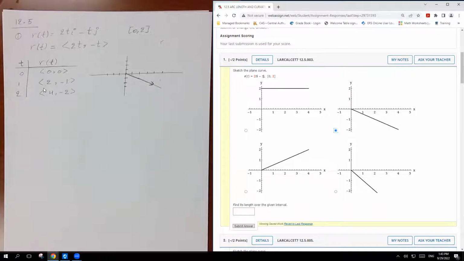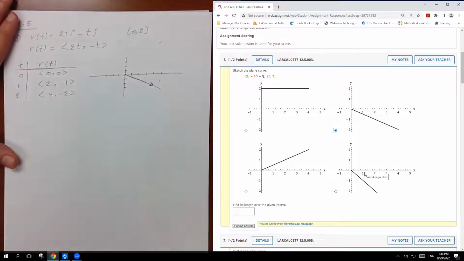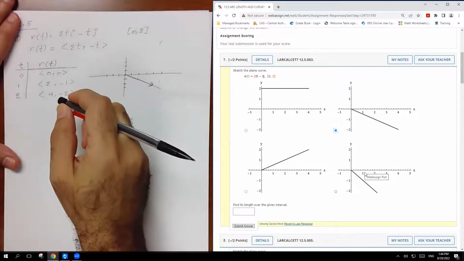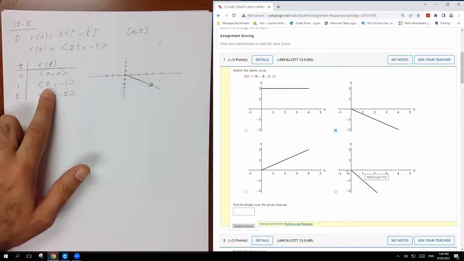Let's check that. If we look here, this one is up, this one is a straight line, this one goes down. At point 1, there's something wrong here, I think. No, this is right. At point 1, we have to graph 2, negative 1.